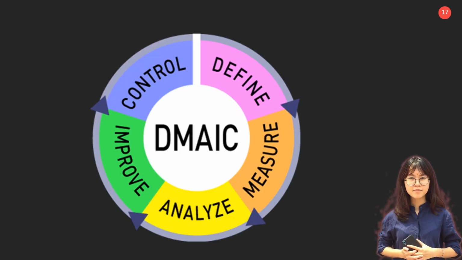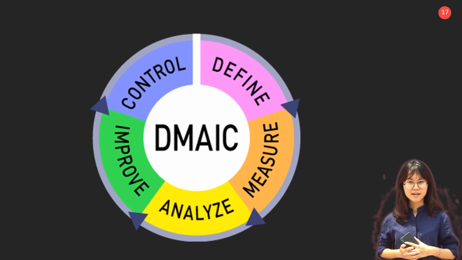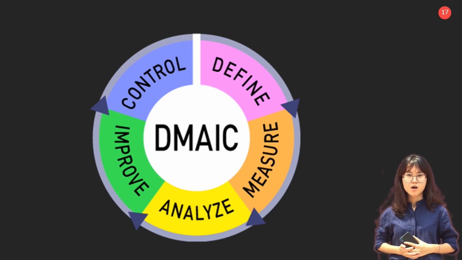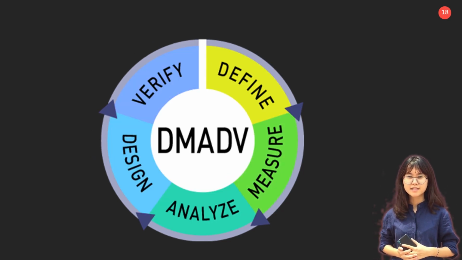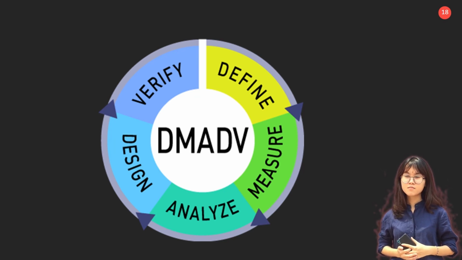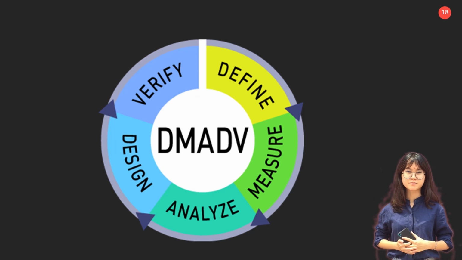DMAIC stands for Define, Measure, Analyze, Improve, and Control, which is used to correct the mistakes in the process. And DMADV stands for Define, Measure, Analyze, Design, and Validate, which is used to create a new process.